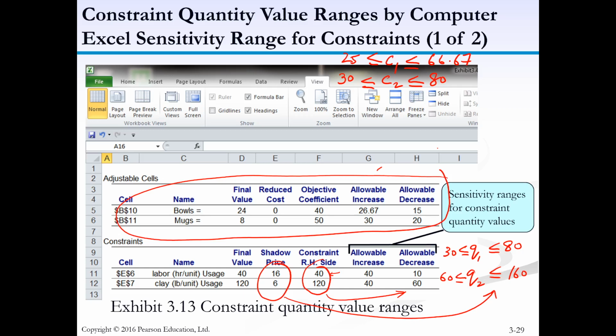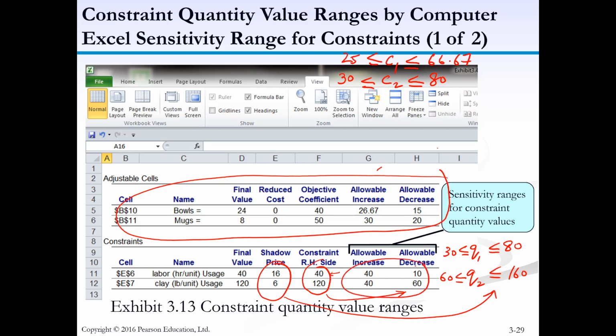Now let's say the laborers are willing to work for $10 per hour. We can hire them because they will bring more profit, but the question may be asked, how many should we hire? And the answer comes from this allowable increase and decrease.